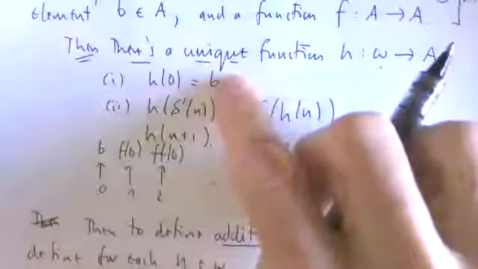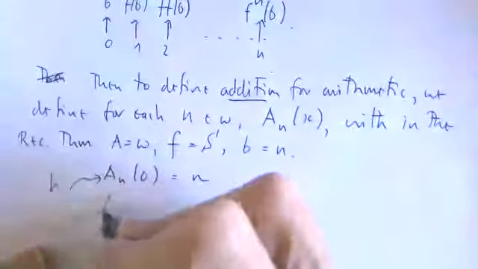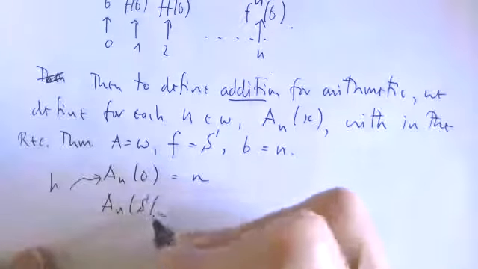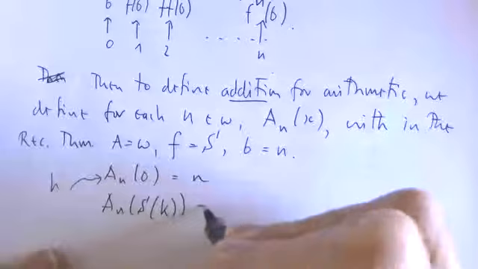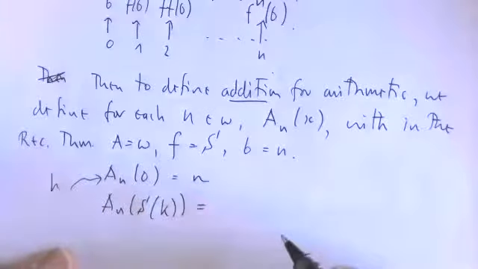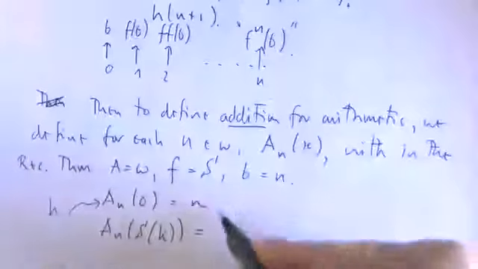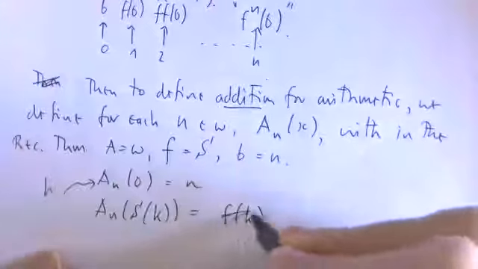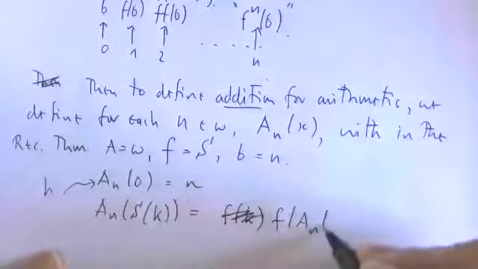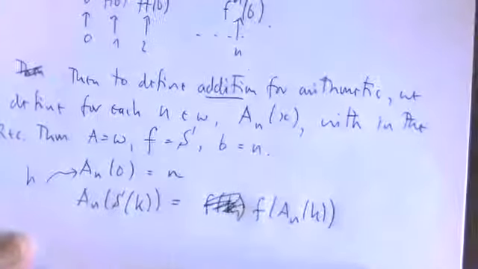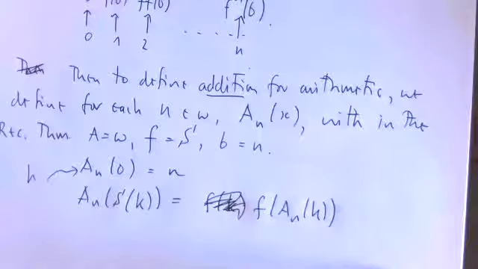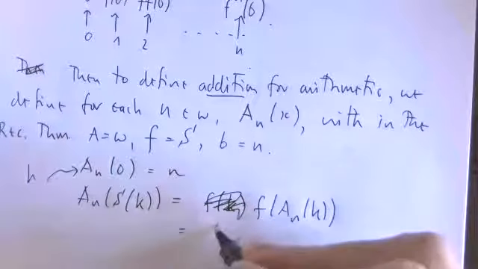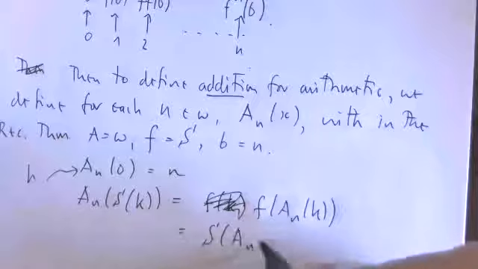For 0, there'll be the starting object. And for s of k here, we'll actually apply f to a_n of k, the previous value that we know, and f itself is the successor function in this case.